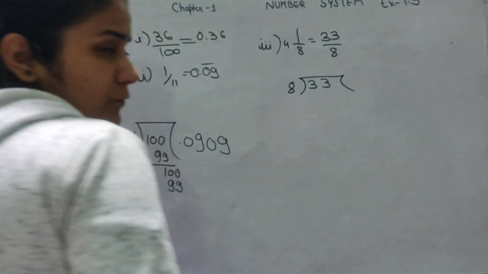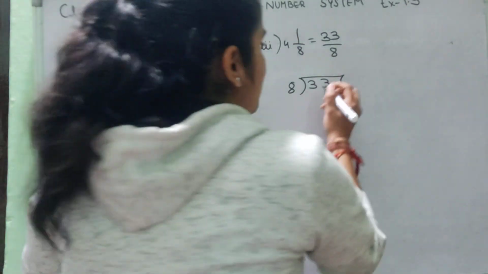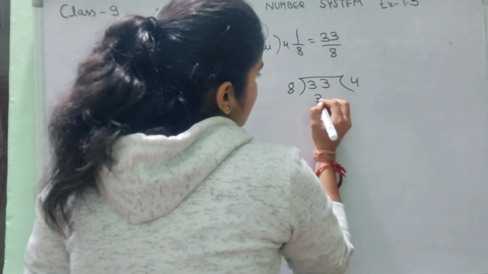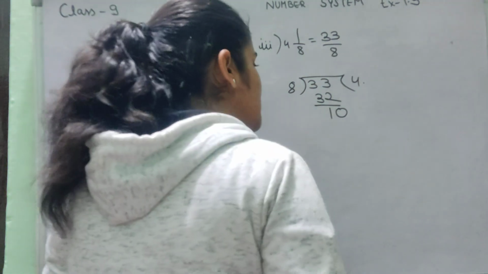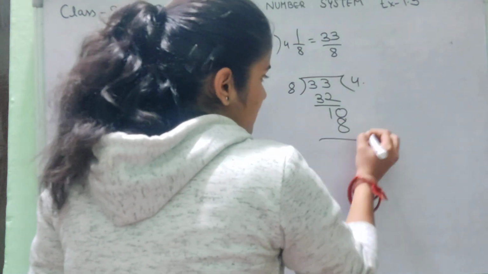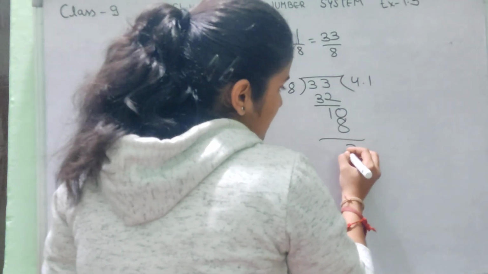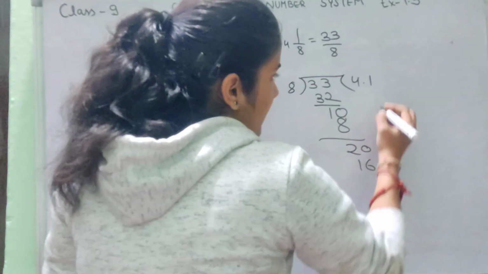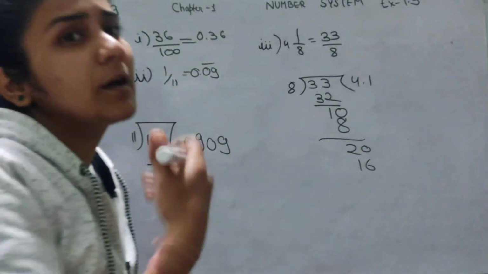So 8 4s are, I just told you, 32. 1 left. Adding 0, adding a point over here. 8, 2 is the remainder. 8 is 1 time. With the remainder 28, 8 60. Okay. Now you must be thinking, how long do we continue this question?